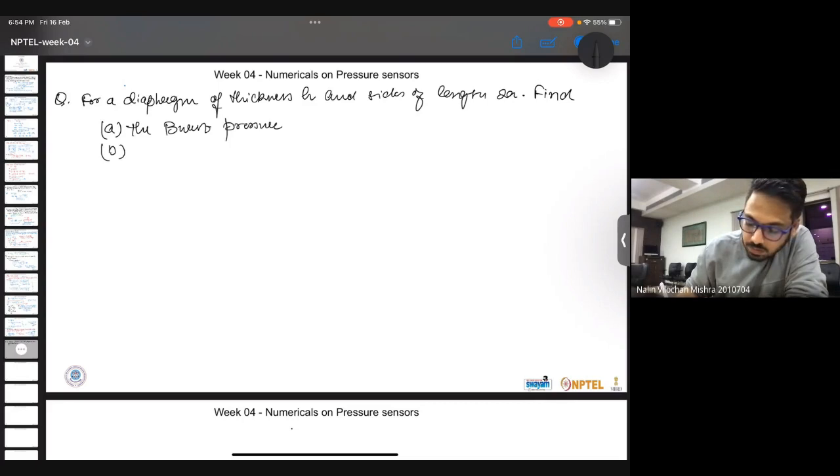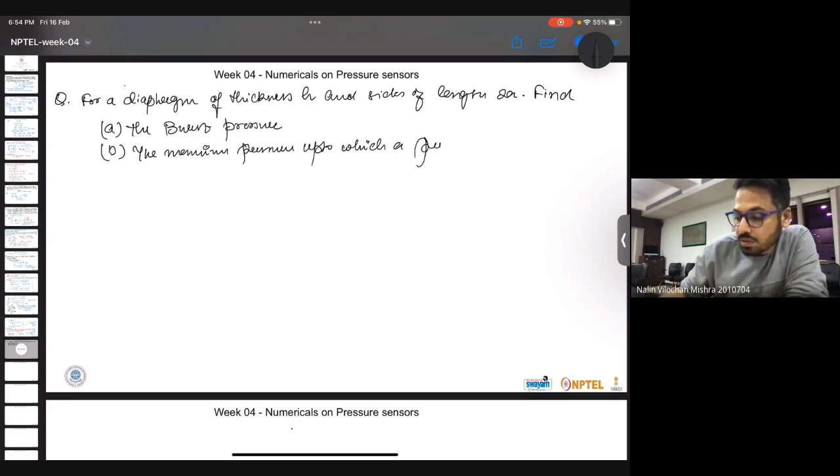Second, the maximum pressure up to which a pressure sensor works in the linear range of operation.